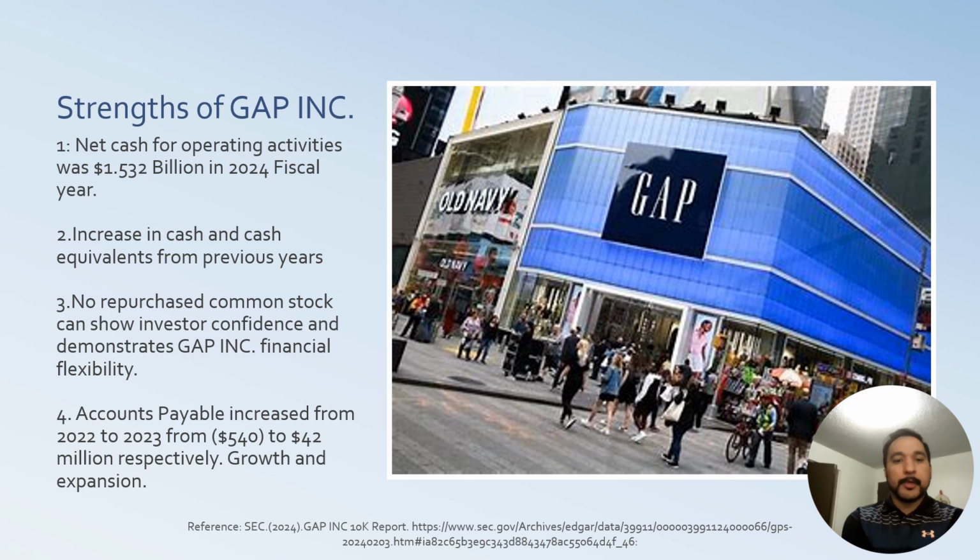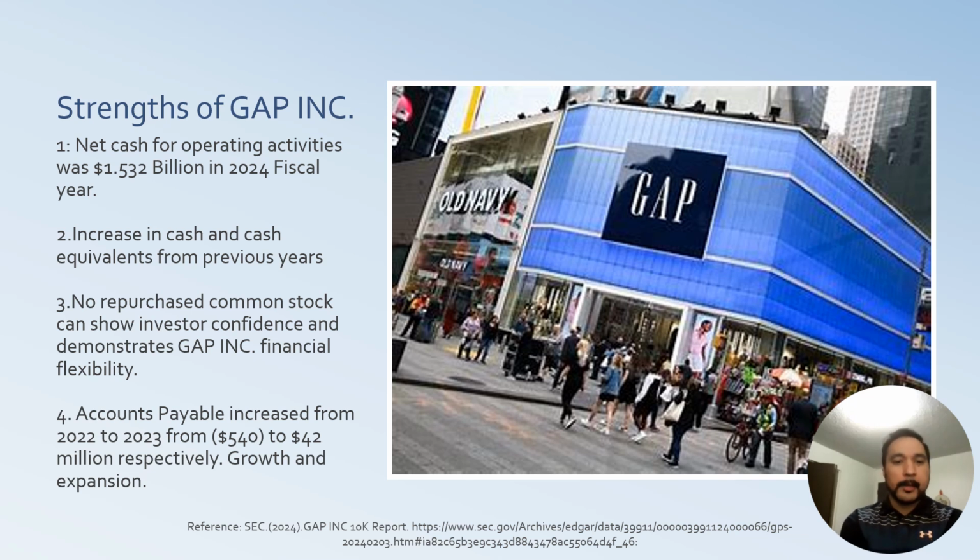Three, there hadn't been any repurchased common stock. The benefit to this is it shows investors that they can have confidence in the business and that Gap has financial flexibility and they're not against the ropes financially, which companies will utilize in repurchasing common stock.